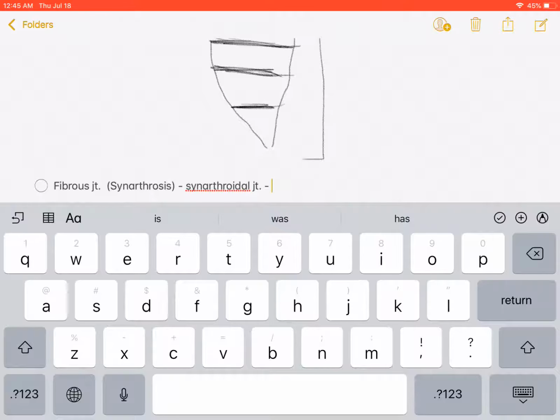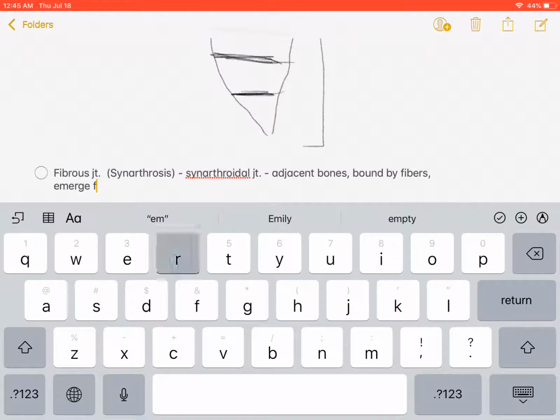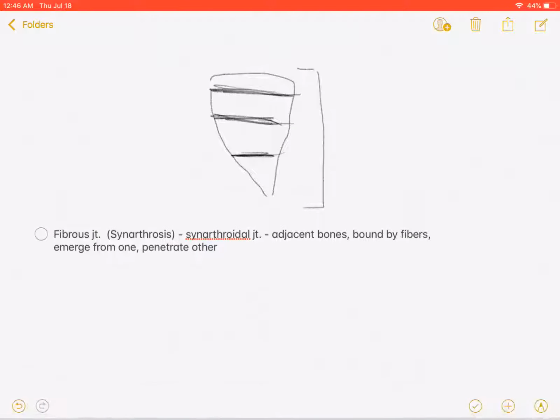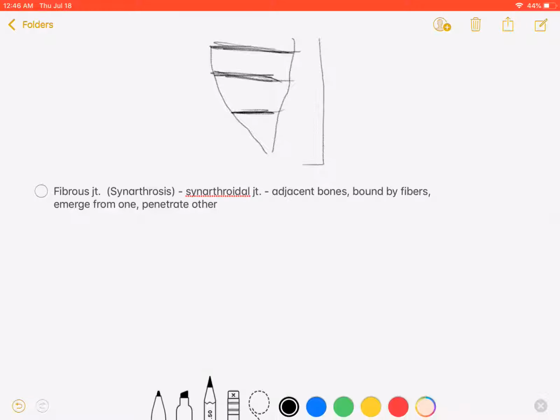To jog your memory: adjacent bones bound by fibers, emerge from one, penetrate other. And a good example would be the radius and the ulna.